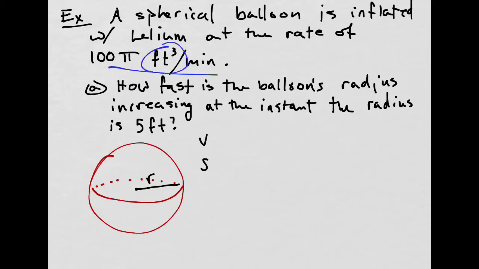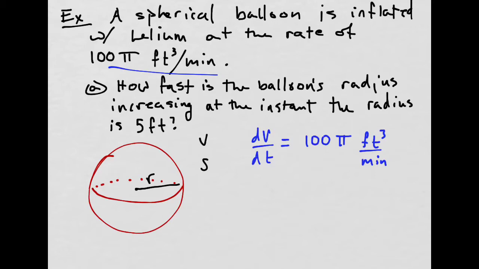That's volume, you can tell because of the feet cubed, but it's also a rate, so it's the rate at which volume is changing. We write the rates down with math notation. The rate at which volume is changing with respect to time is dV/dt, and it's given as 100 pi cubic feet per minute.